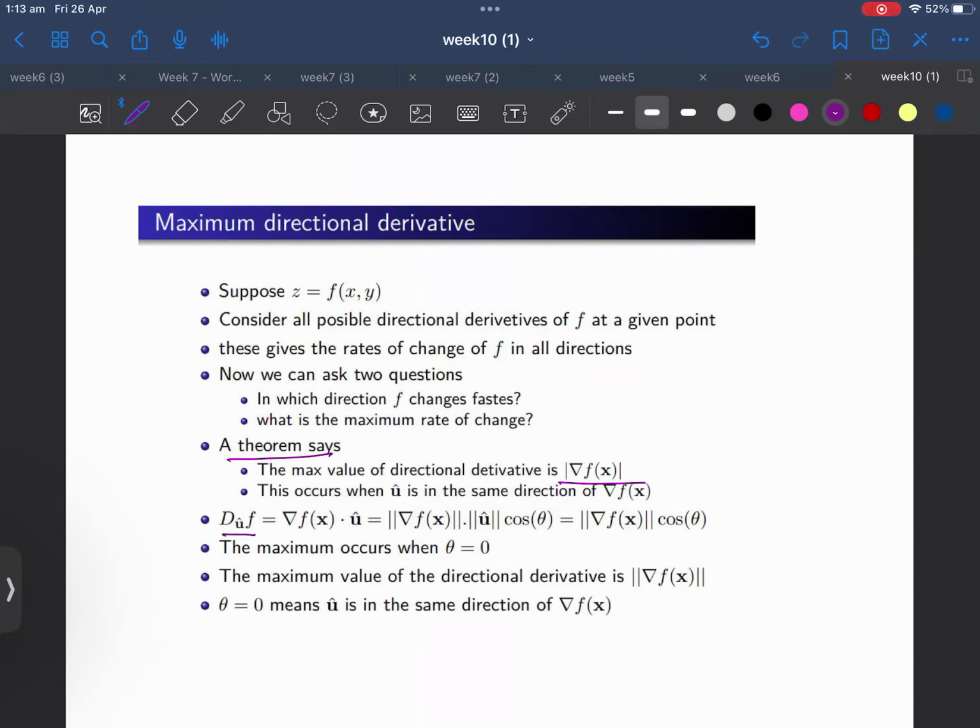So D_u f equals nabla f of x dot u, which is the norm of nabla f of x times the norm of u times cos theta. So the maximum occurs when theta equals 0. The maximum value of the directional derivative is this. Theta equal to 0 means the unit vector u is in the same direction as nabla f of x. So this is important for when the maximum directional derivative will happen.